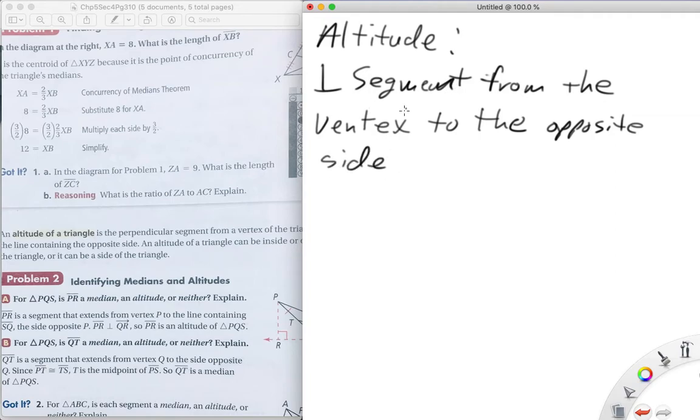So what does that mean? I have a triangle.